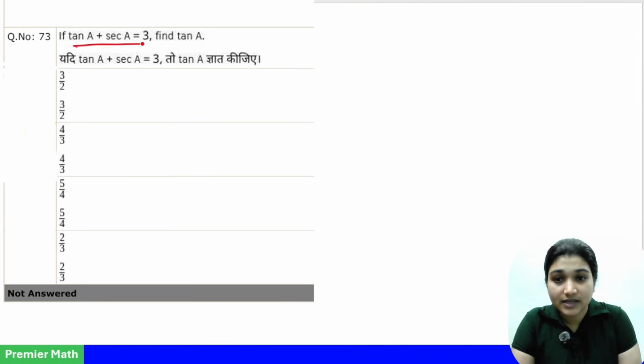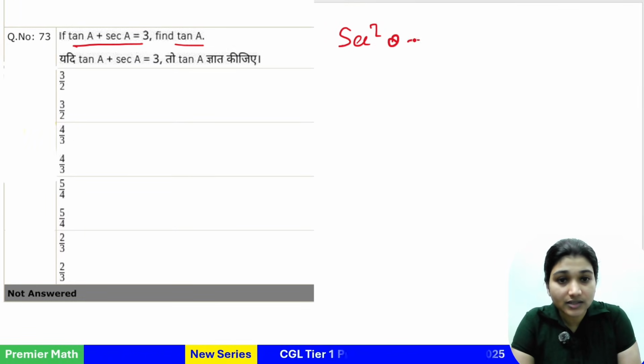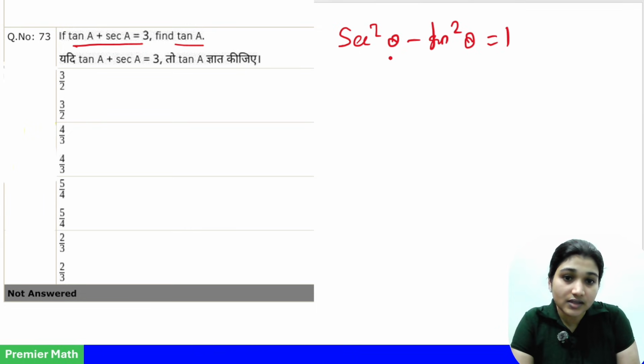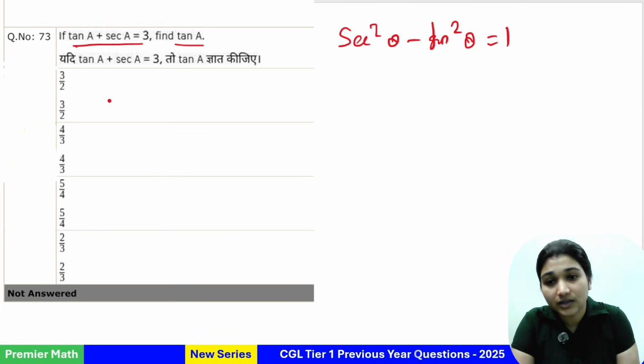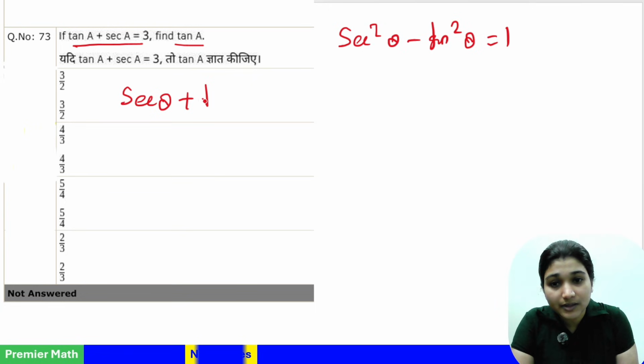If sec A plus tan A is equal to 3, find tan A. We already know the identity sec square theta minus tan square theta is equal to 1. Then sec theta plus tan theta into sec theta minus tan theta is equal to 1. That is the A plus B into A minus B format. So here A plus B means sec theta plus tan theta, which is equal to 3.